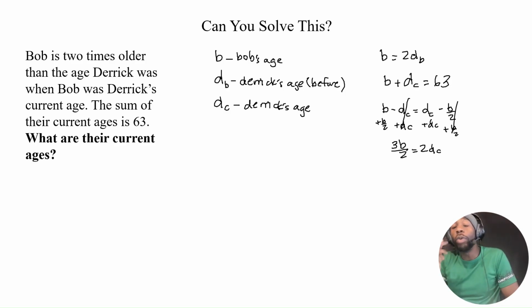All we really want to know is two of the unknowns, B and D sub C. We have a couple of equations here that we can use to find that, right? So this is what we're going to do. We're going to substitute. We're going to rearrange this one and say that B is equal to 63 minus DC.